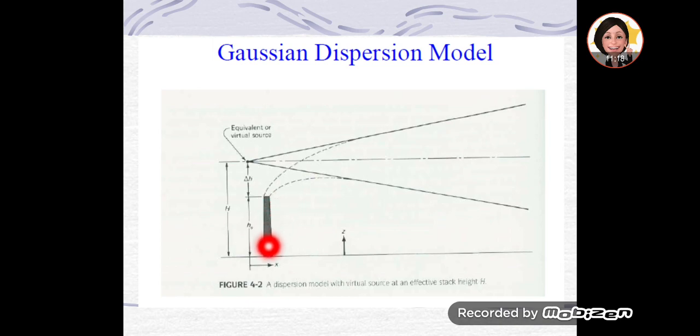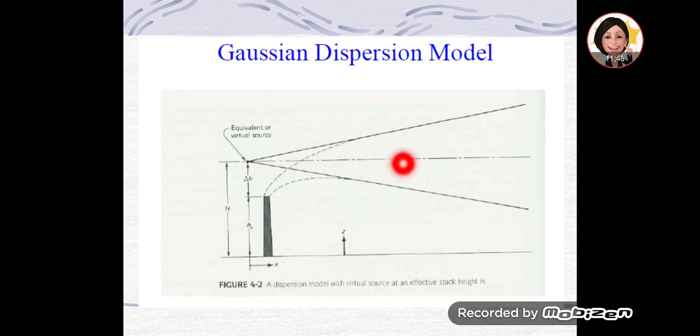If you have a stack or a chimney, usually this is the case. This is how the dispersion will happen. It will travel to a short distance height, and then it will become consistent here. So in our model, we assume there's an additional height from this point to this point.